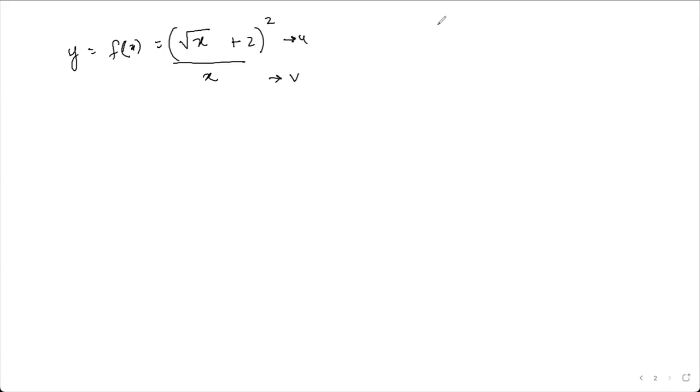So in u itself, we now need to apply chain rule. If u is square root of x plus 2 squared, there are two ways you can do this. One is apply the chain rule. So let square root of x plus 2 be z.